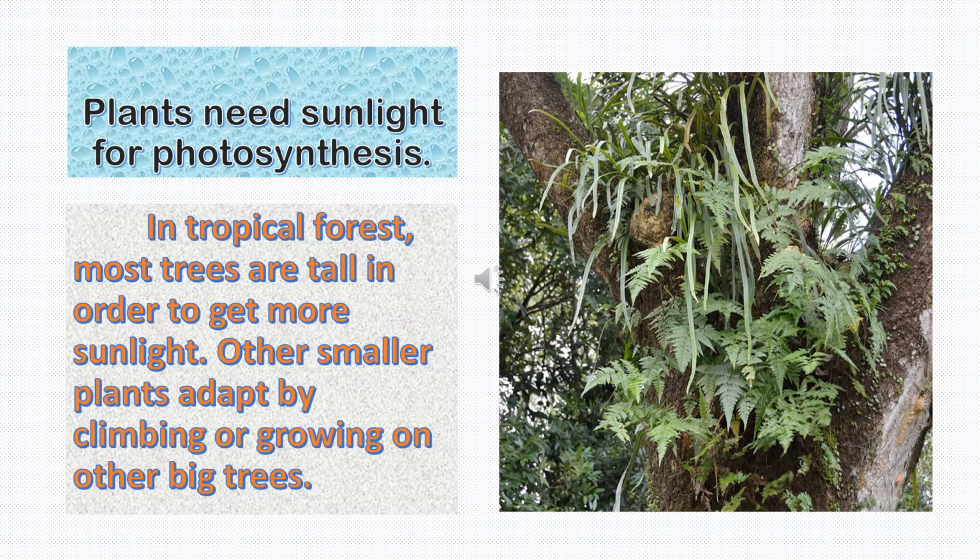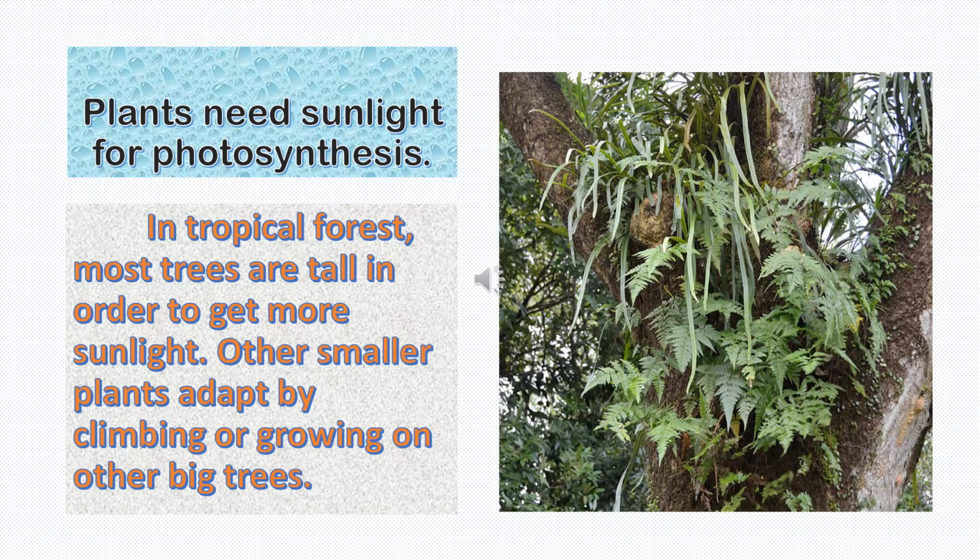If animals need sunlight, plants also needed it in order to make their own food. Listen as I read it for you. Plants need sunlight for photosynthesis. In tropical forests, most trees are tall in order to get more sunlight.